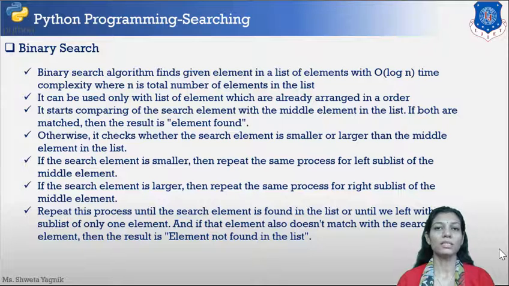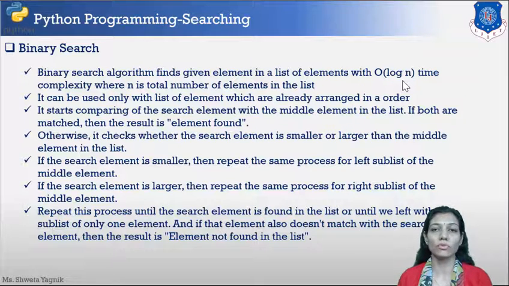Binary search is an improved version of searching algorithm. If you remember, linear search gives big O of n searching time, while binary search gives O log n time. So if you have a long list of items, suppose your list has 1000 items and your search element is residing at 800, so minimum 800 locations you need to search, and only then you will be able to find your element.